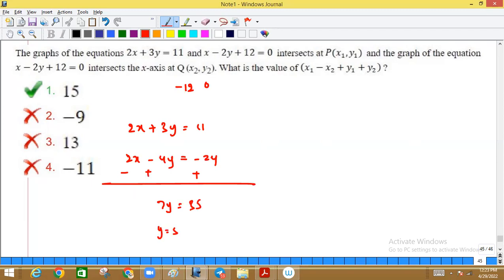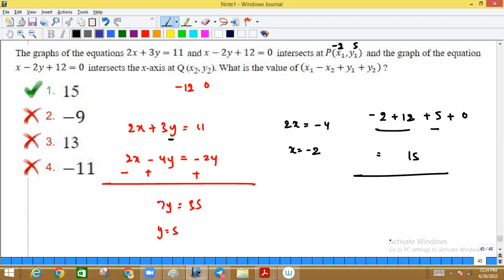Y is equal to 5. If y is equal to 5, what is x? 5 means 15. If it goes that side, negative 4. Negative 2. So negative 2 and 5. So x1 is negative 2. X2 is plus 12 because minus of minus. Y1 is 5. Y2 is what? Therefore, you got 10 plus 5. 15 there.